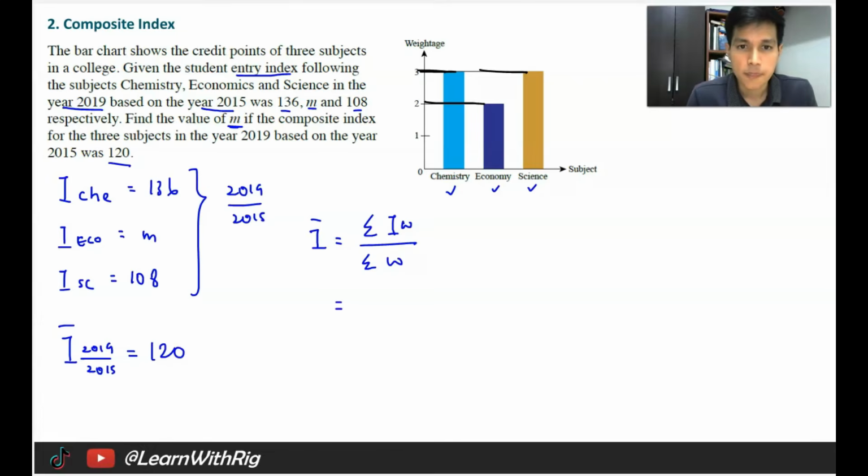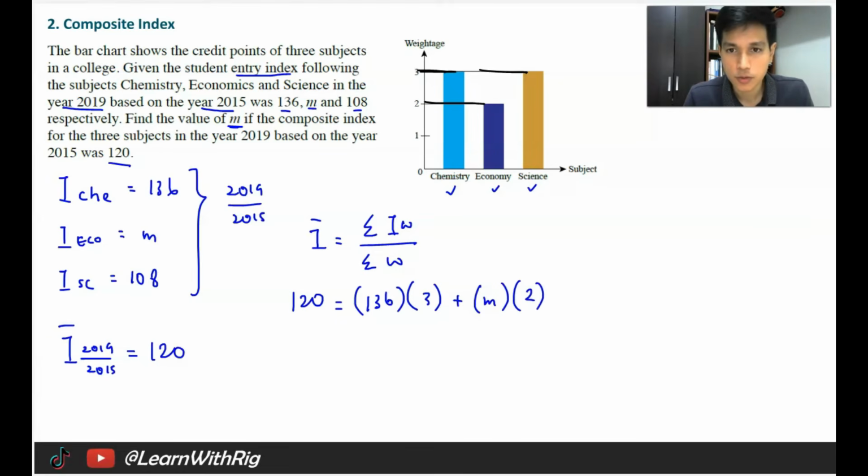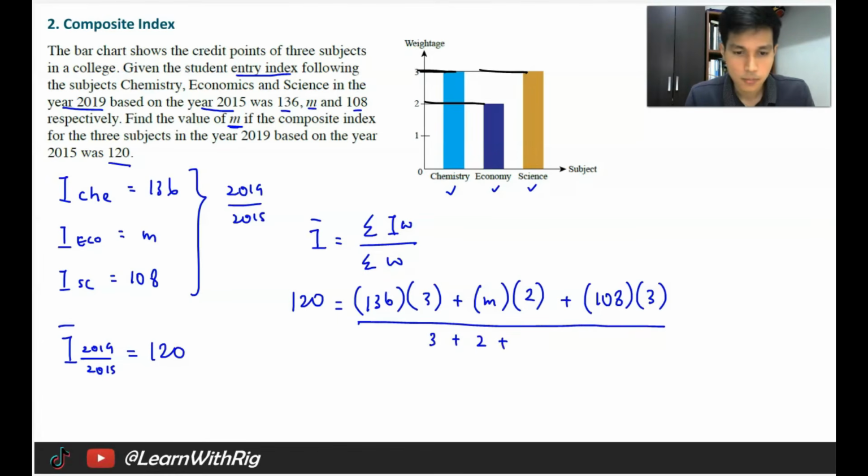Let's substitute. The composite index is 120, and the index for chemistry is 136 multiplied by the weightage for chemistry, 3, plus economy. You don't know the index, so we put M multiplied by the weightage 2, plus 108 times 3, the weightage for science, divided by the total weightage, 3 plus 2 plus 3.